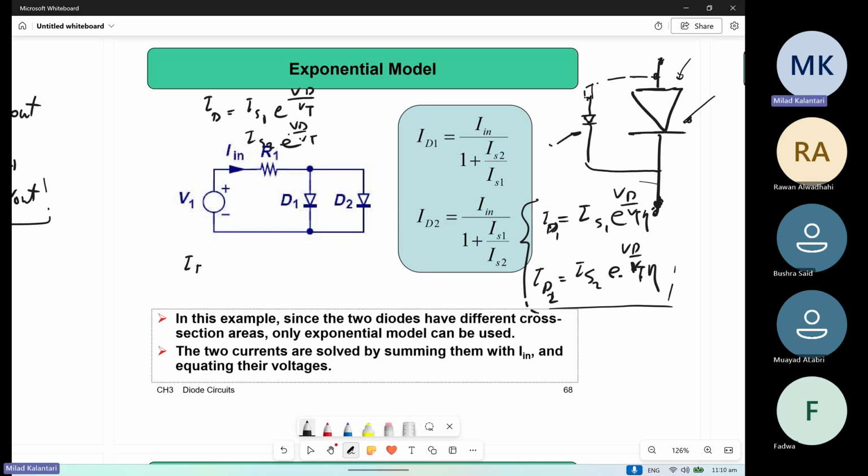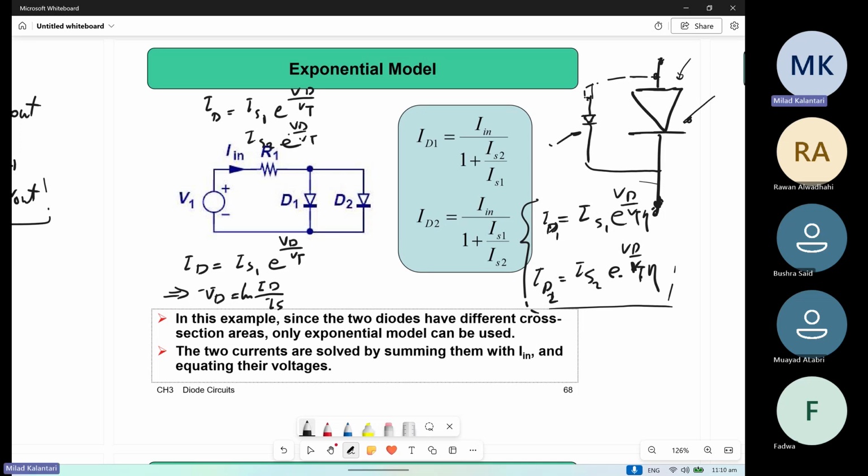So let's go back to the diode equation, ID equals IS e to the VD over VT. You can actually find VD: VD equals VT times ln of ID over IS.